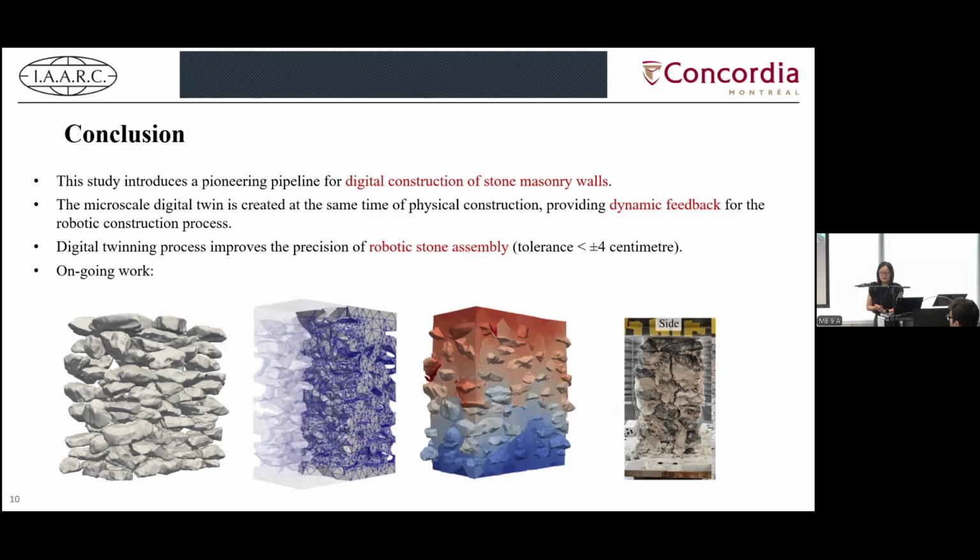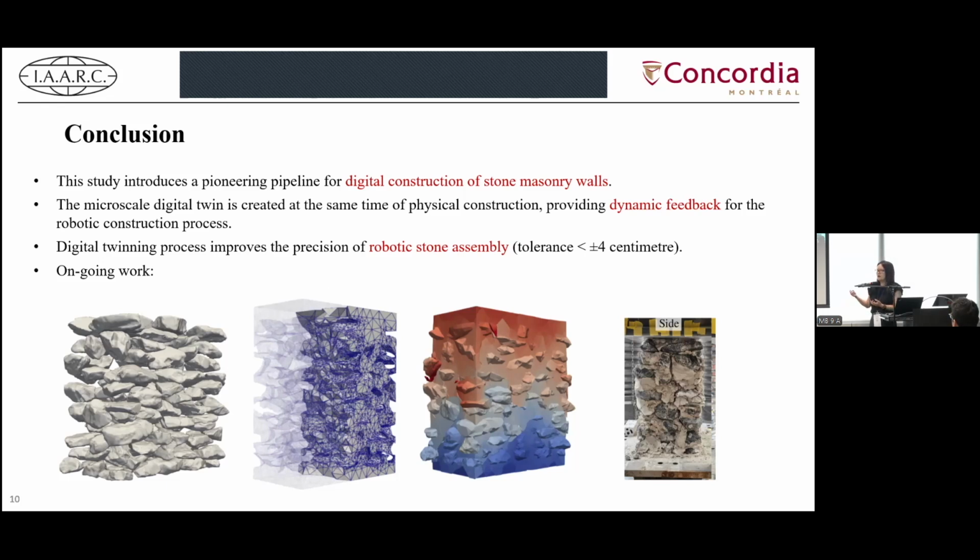As a conclusion, in this work we introduced a pipeline for digital construction of stone masonry walls leveraging robotic construction. This micro-scale digital twin is created at the same time as the robotic construction, and this enables a more precise robotic assembly.